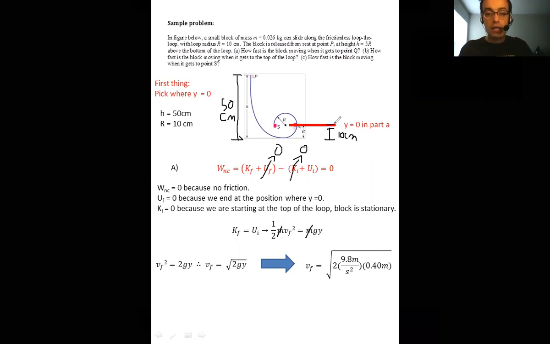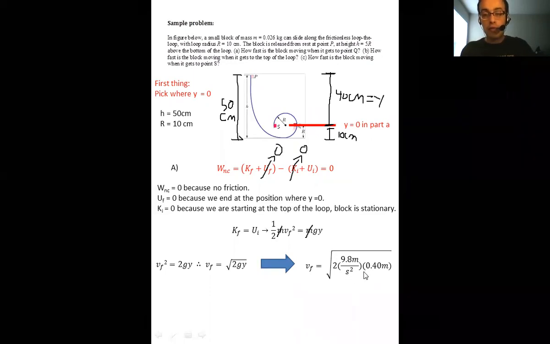So if we're looking at this distance right here, which is what y is going to be, then it's simply 50 minus 10, or 40 centimeters. And that's equal to y. Because everything else is given in meters per second and in meters, we convert 40 centimeters into 0.40 meters, right? Then we go ahead and evaluate this expression, and we find that v final is equal to 2.8 meters per second. So that's pretty straightforward.